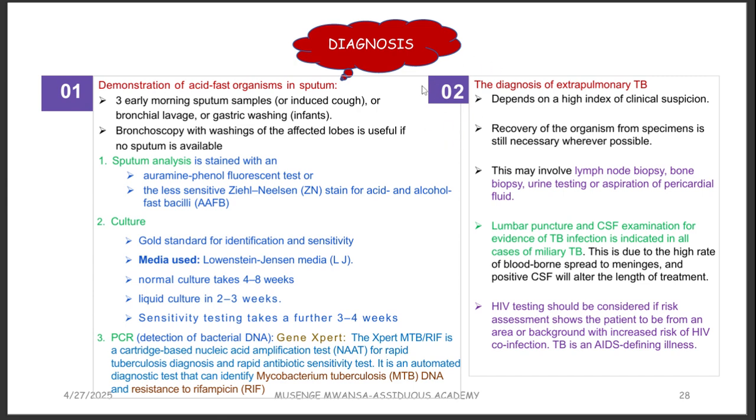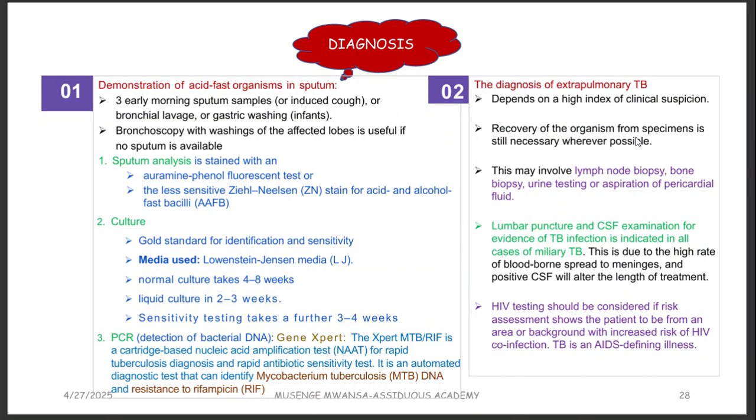And then another investigation we can carry out is if you are trying to diagnose extrapulmonary TB, like TB that is involving other organs, what can you do? This one normally depends on a high index of clinical suspicion. You are really suspecting this is TB.